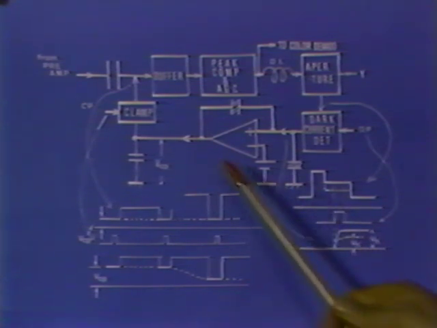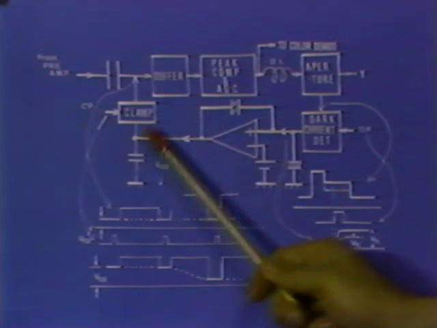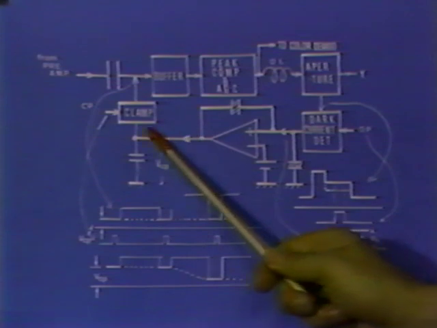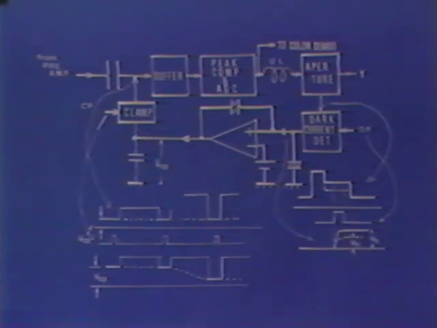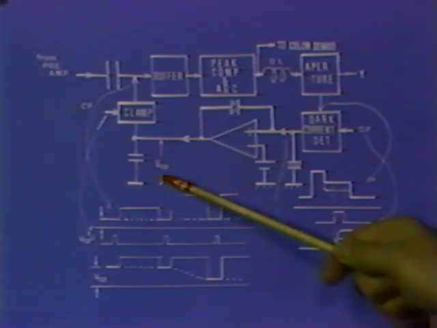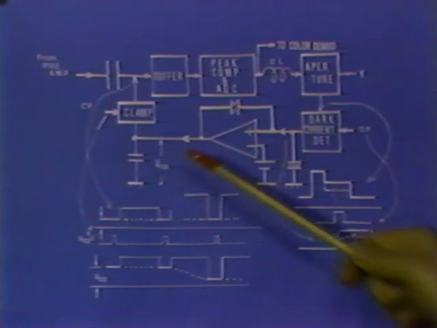The output voltage of the operational amplifier is negatively fed back to the clamper as a clamp voltage. The dark current compensator is to keep the black level constant by controlling this clamp voltage according to the dark current fluctuation.